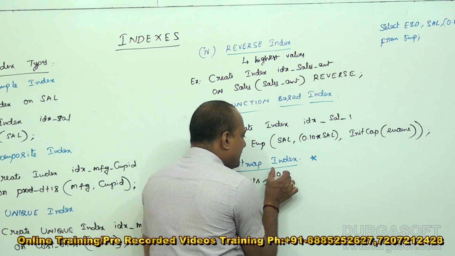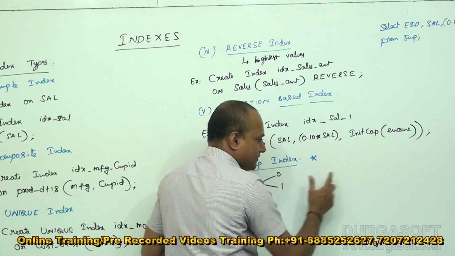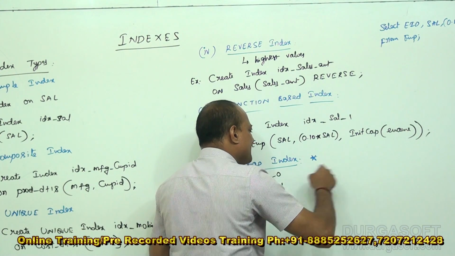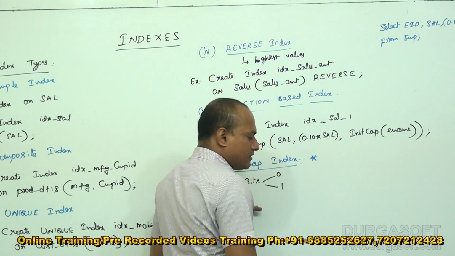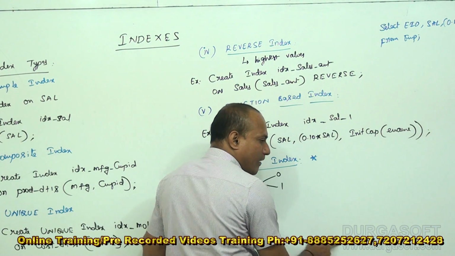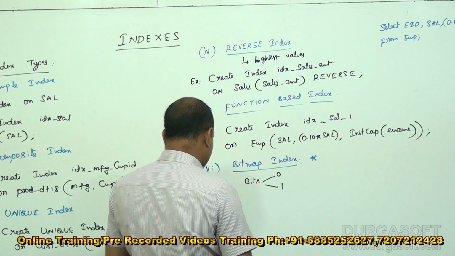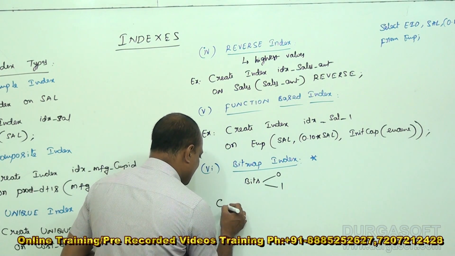Then 0 is mapped with one type of values. Suppose male is mapped with 0. All males are mapped with 0. All females are mapped with 1. Okay, yeah. How to create that bitmap index?